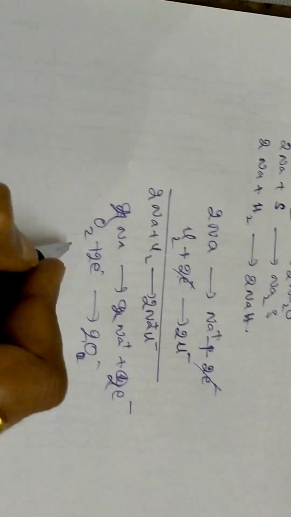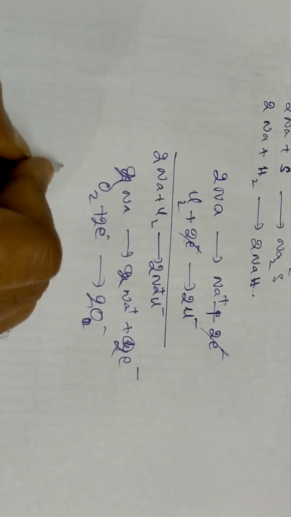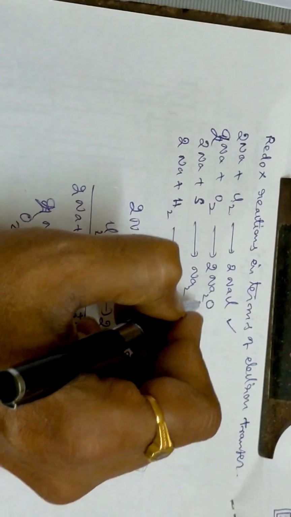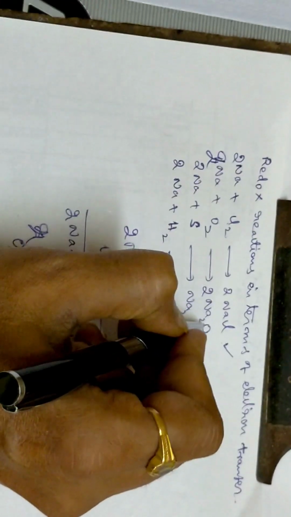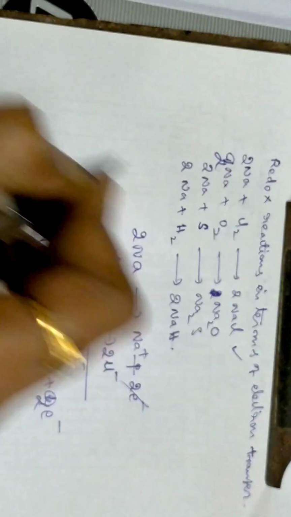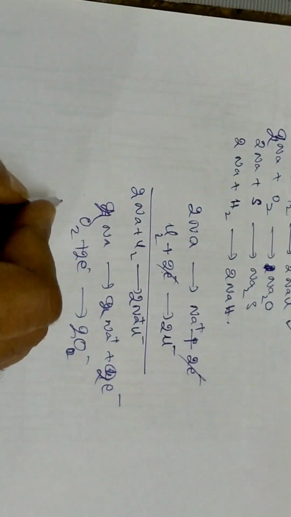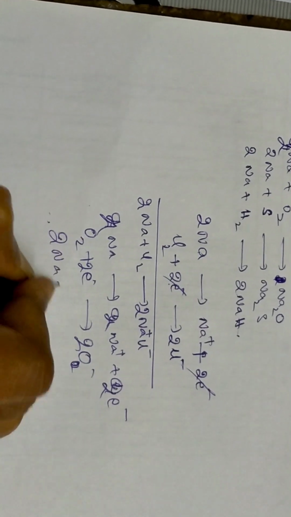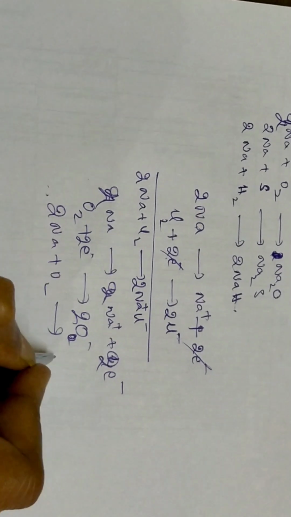Combining these two equations, again you will get 2 Na plus O2 gives Na2O.